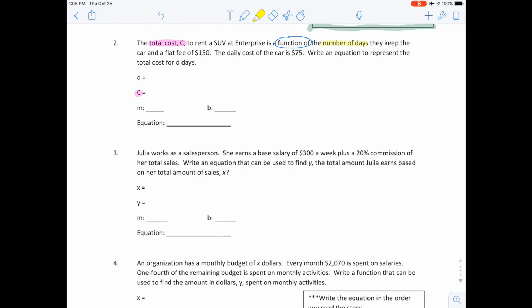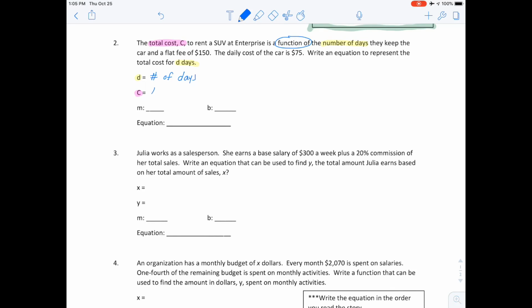Or in this case, it is a D. It tells you right here, D days. All right, so as a function of the number of days they keep the car, a flat fee of $150. The daily cost of the car is $75. Write an equation to represent the total cost for D days. All right, so identifying my variables. D is the number of days.